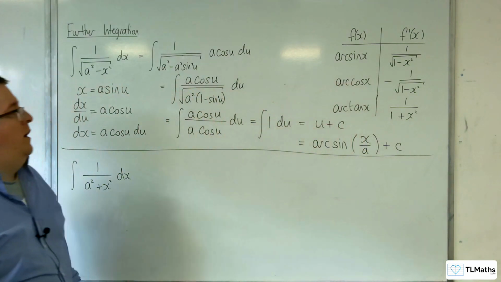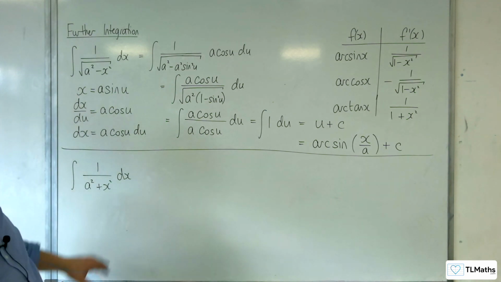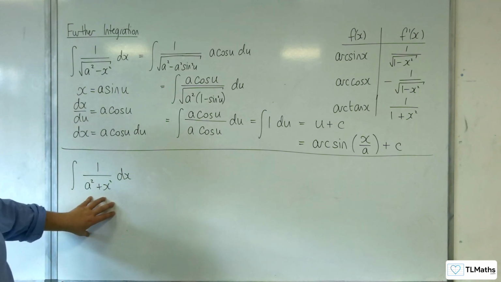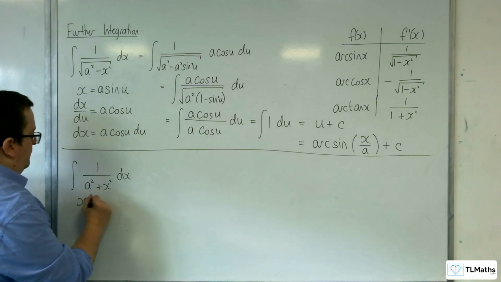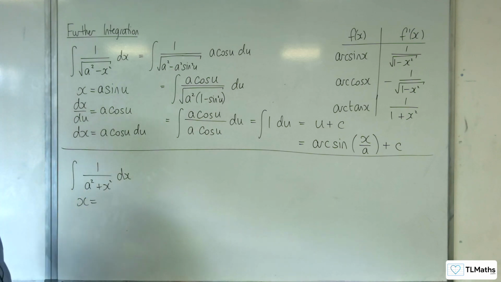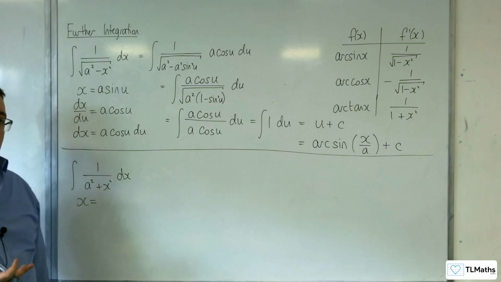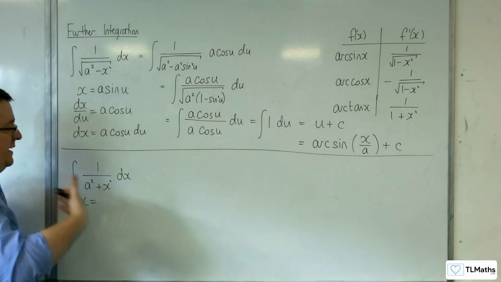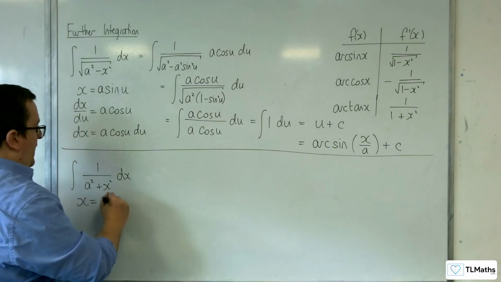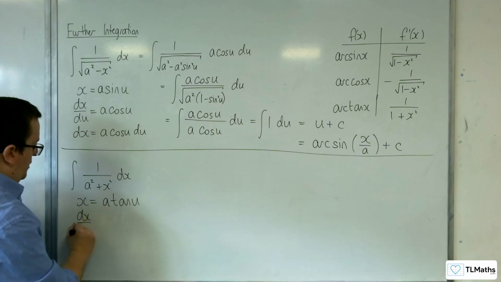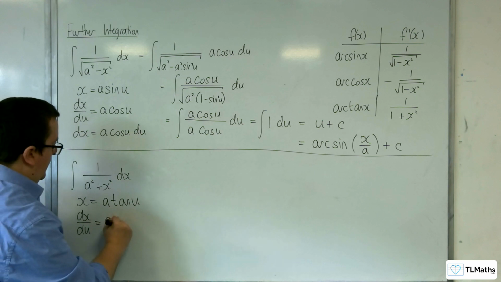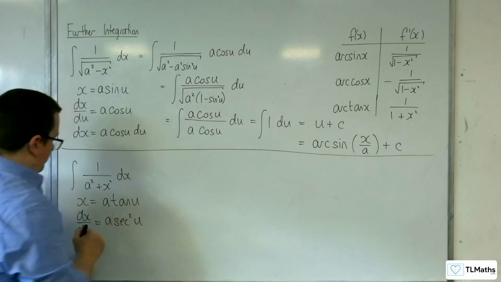So you might be thinking, oh, well, now I might be able to have a guess at what the answer to this is going to be. In the same way, in the previous video, we had x is equal to tan of u. So to keep that identity working, I must have a tan of u. So dx by du is a sec squared u.